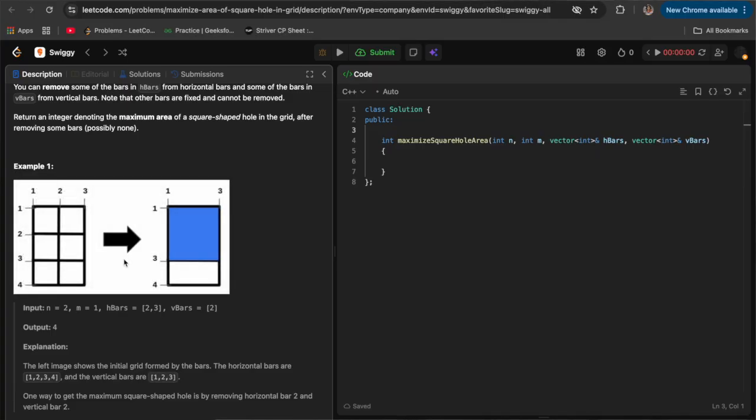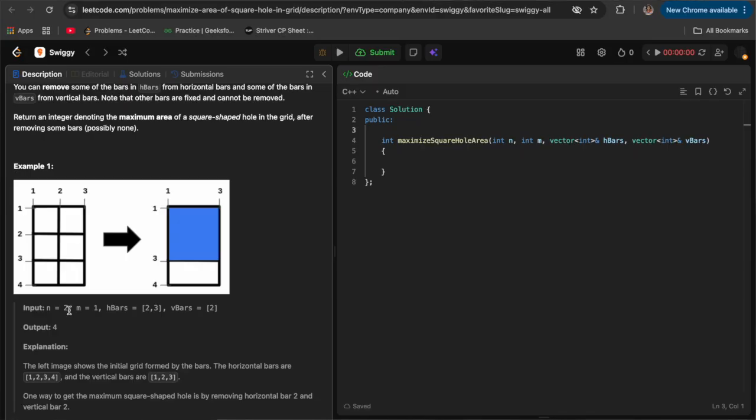If I remove the second bar, then I have a rectangle whose height is 3 and width is 2. So in that case I'll have a 2 cross 2, that is an area of 4, not a 3 cross 3, because I don't have a width of 3, I have a width of 2. That's the maximum dimension I have to take. Sorry, the minimum dimension I have to take. Here my width is 2, so I took 2.